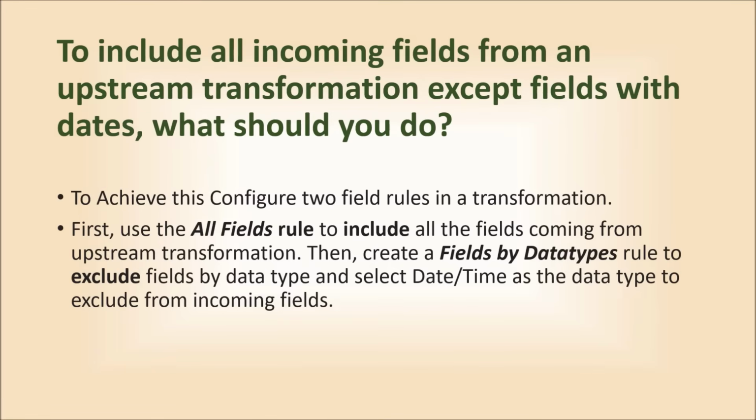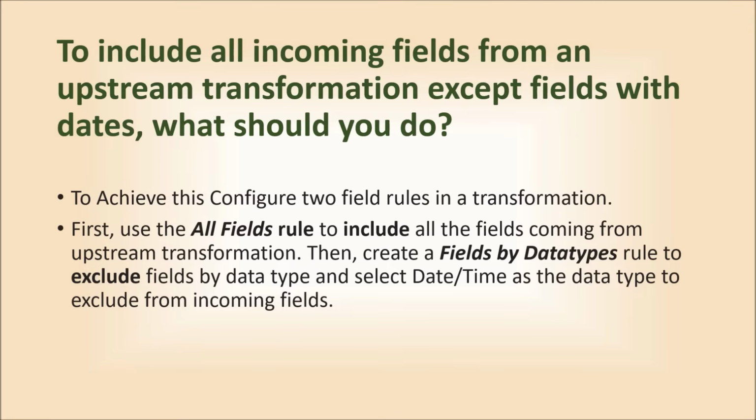First one, use an all fields rule to include all fields coming from the upstream transformation, and then create a fields by data types rule to exclude fields by data type, and there you have to select date and time as the data type to exclude from incoming fields.